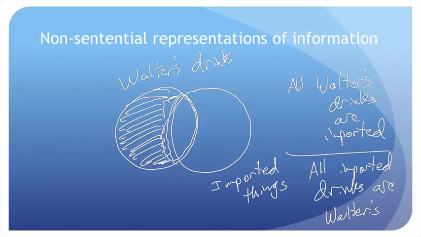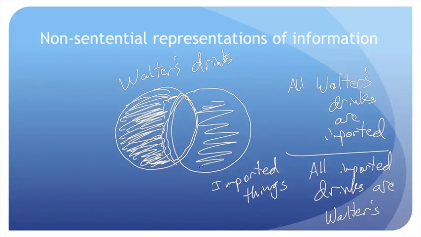For all of Walter's drinks to be imported is for this part of the Venn diagram to be shaded in. But for all imported drinks to be Walter's would be for this part of the Venn diagram to be shaded in. And the question is, is there some way for the premise to be true while the conclusion is false? And the answer is clearly yes.